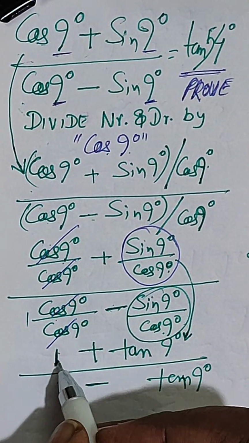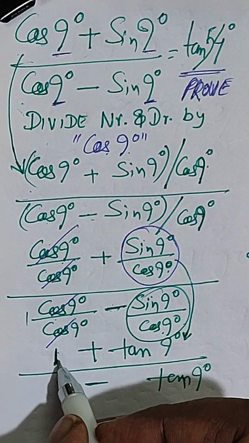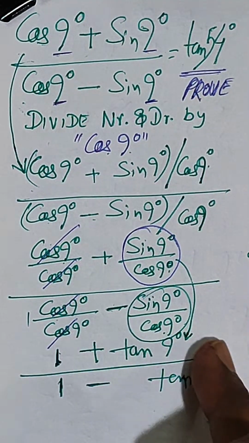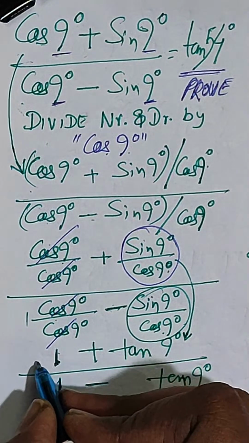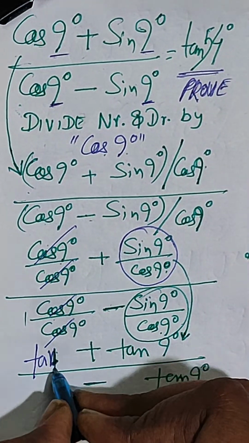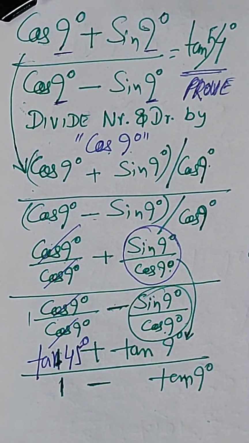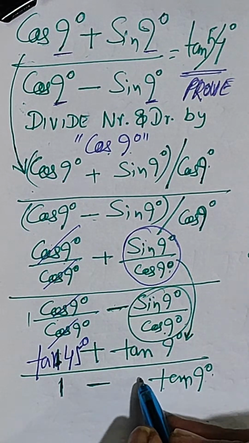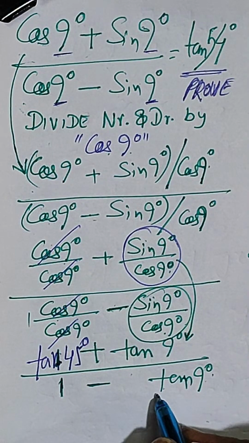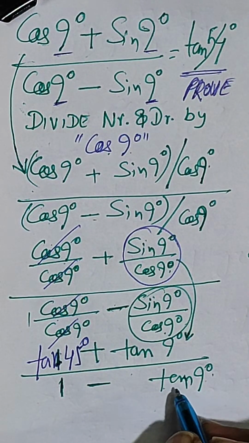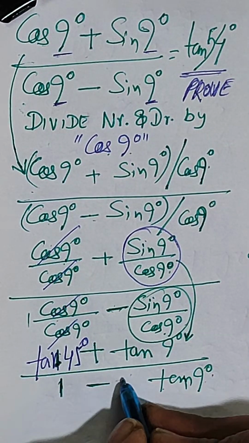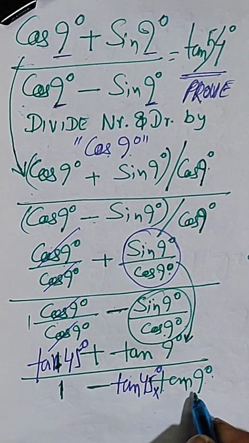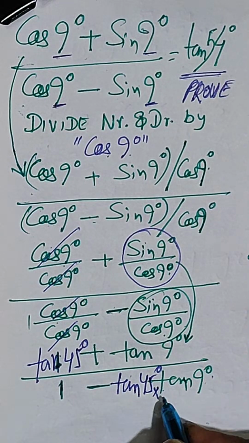So why don't you write tan 45 instead of 1? Instead of 1, if you write tan 45, then I'm just skipping one step. And here also, in 1 minus tan 9 degree, 1 can be multiplied as a prefix, because 1 can be multiplied with any number without any impact. So you can write here tan 45 degree, multiplying the denominator's tan 9 degree with tan 45.